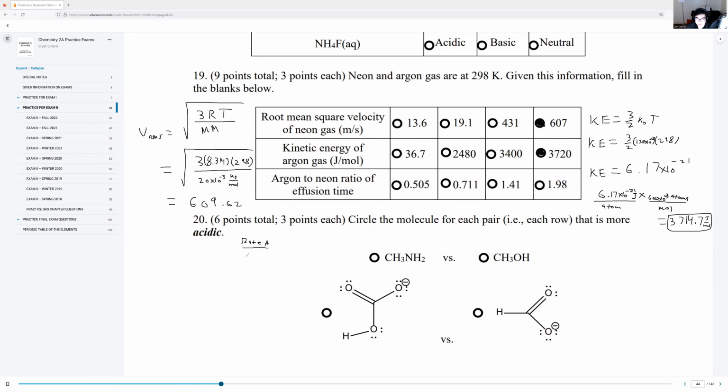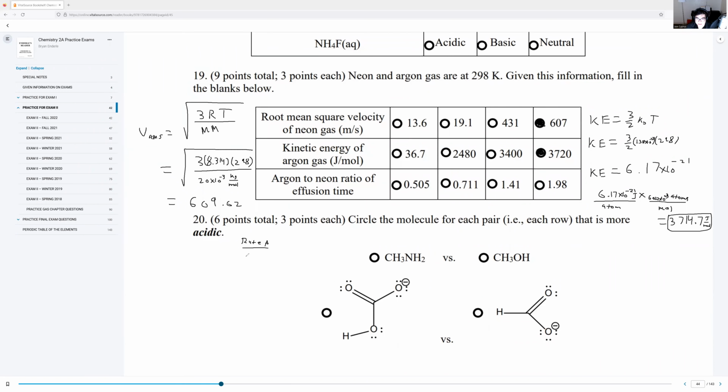So argon to neon, so argon is A, right? So neon is 20. And then argon is 40. We're just rounding here.